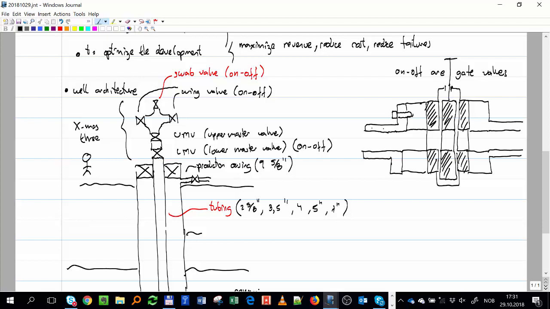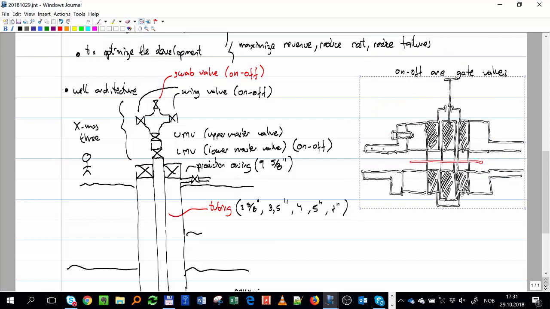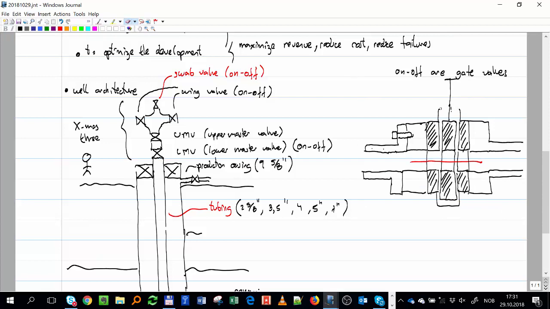When I want to have flow, I have to align the gate with the holes that I have on my valve. When I want to stop the flow, that's something I can do. Maybe you cannot do it. Let's see. I have to get rid of that part here.